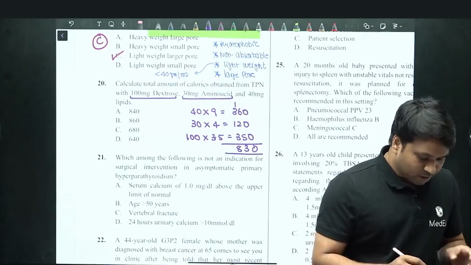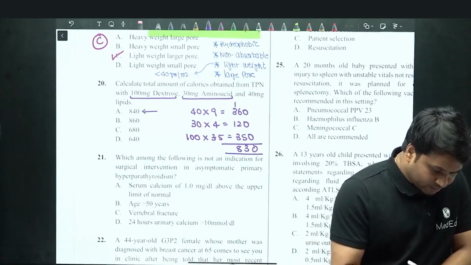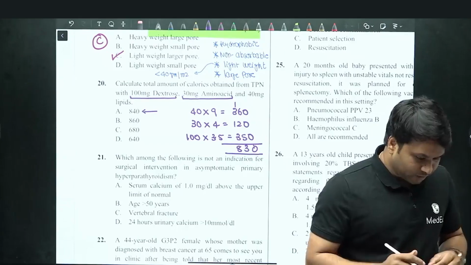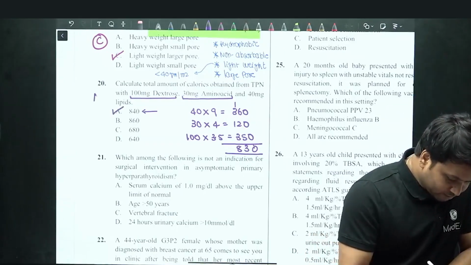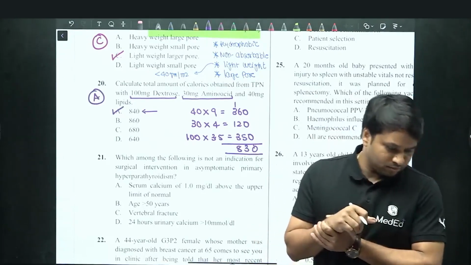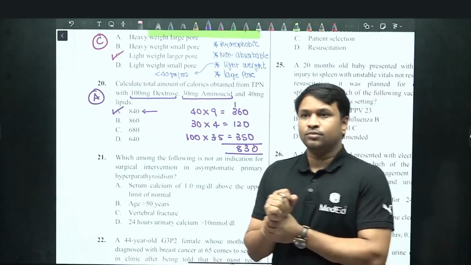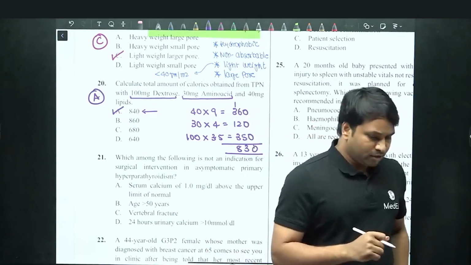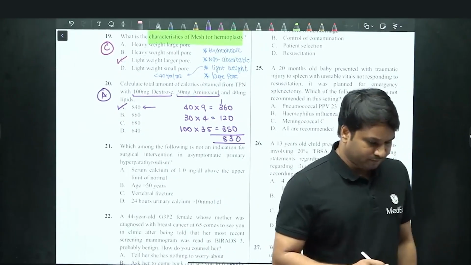Now, among all this, what is closest one is your 840, which is present here, right? So 20 is going to be A. That's it, 830. Clear? So this is how you will calculate the energy that is there in terms of TPN.